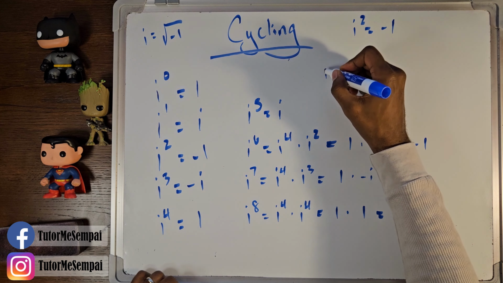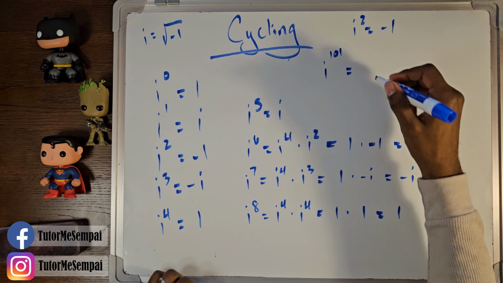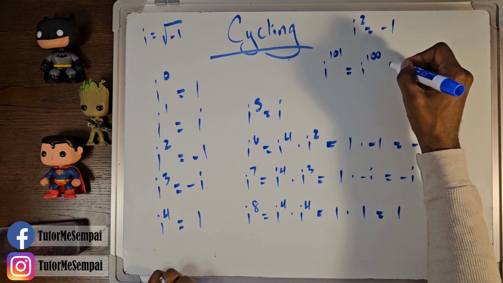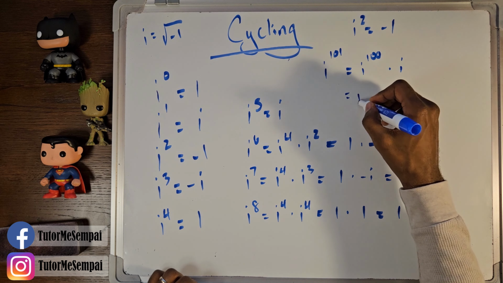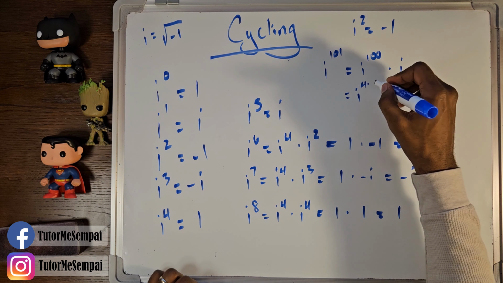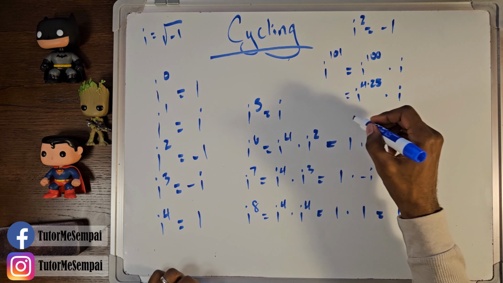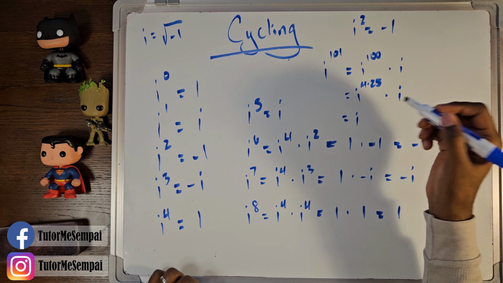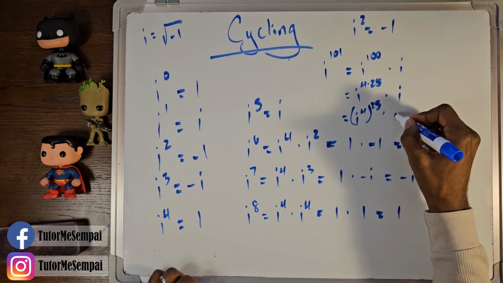Let's say we had i to the 101st power. Well, you can break that up into i to the 100th power times i, and i to the 100th power is just going to be i to the 4 times 25 times i. And of course, you can write that i to the 4 to the 25 like this, times i.